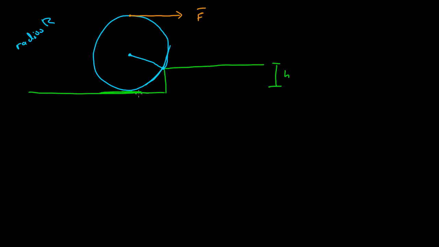I want to find the force necessary that's going to lift the ball over this ledge. Since right before I get the force necessary to lift it over, nothing's moving, I can analyze this system using statics, my forces and my torques.